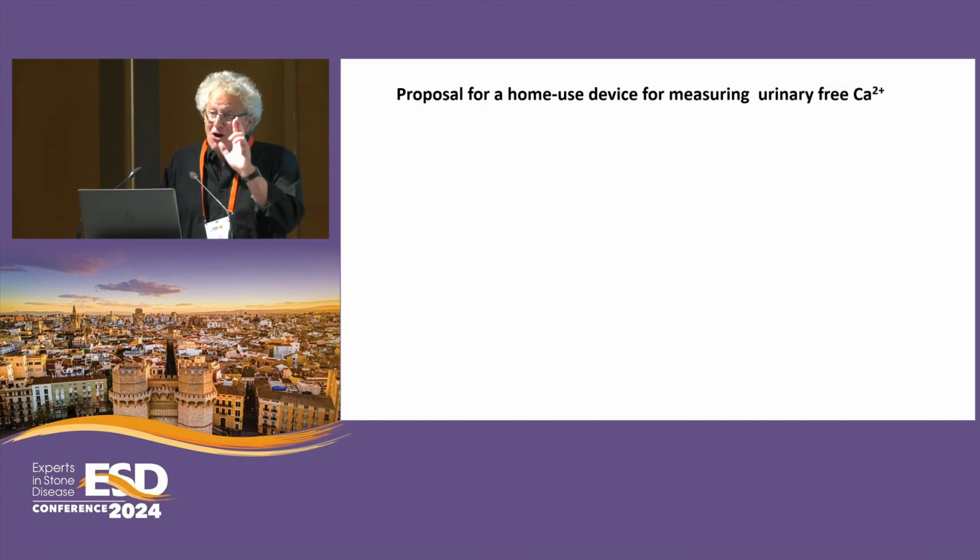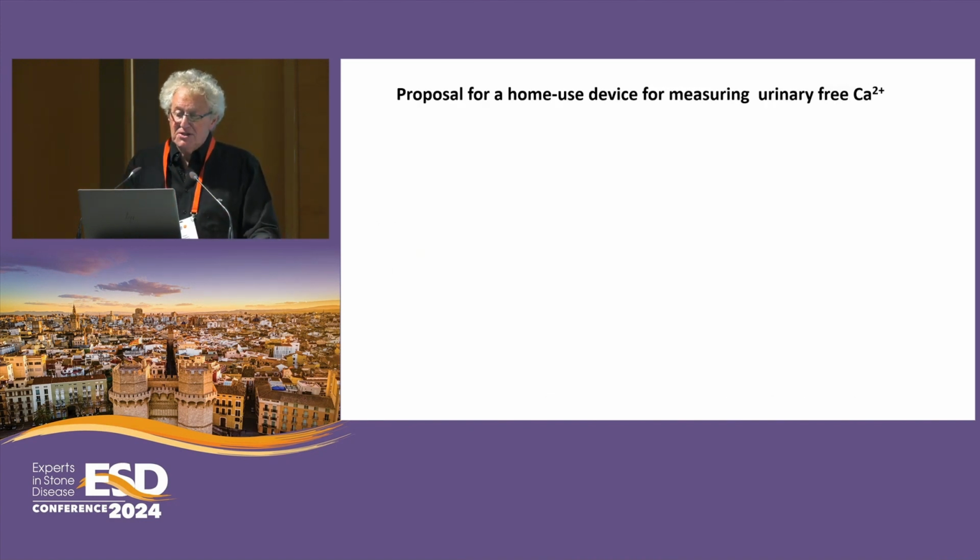So the problem with that, as I'm going to show, I think this is about my last slide, the problem is that measuring the free calcium, because those programs calculate it, measuring it is technically difficult.